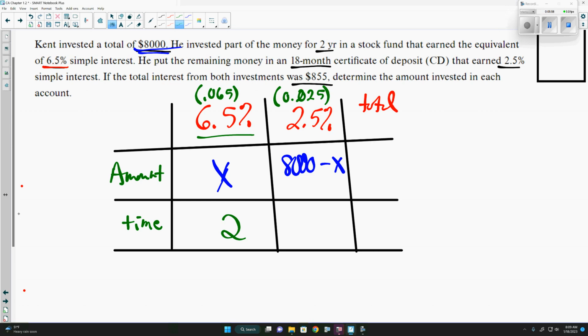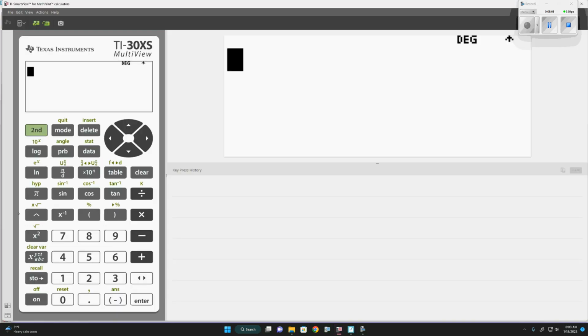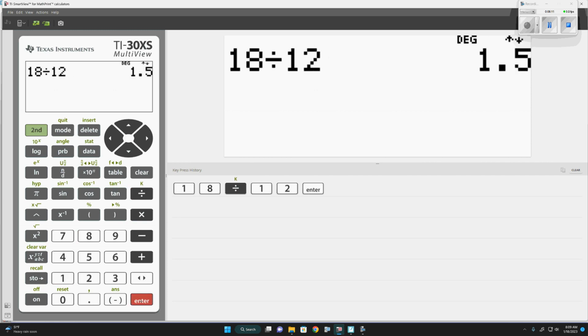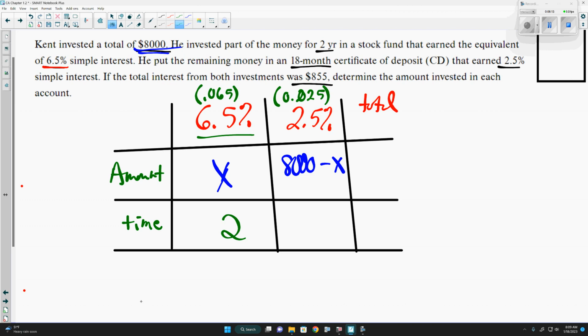Well, we can't put it as 18 months because, again, we need the units to be the same. So we have to convert 18 months to years. So how many months are in a year? 12. So if we wanted to, we can say 18 divided by 12, which is 1.5.